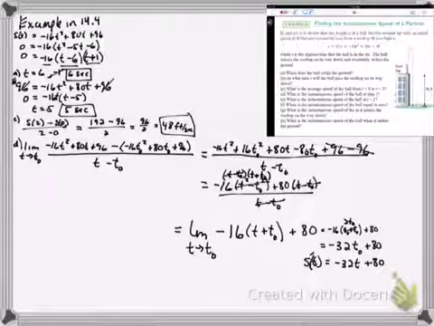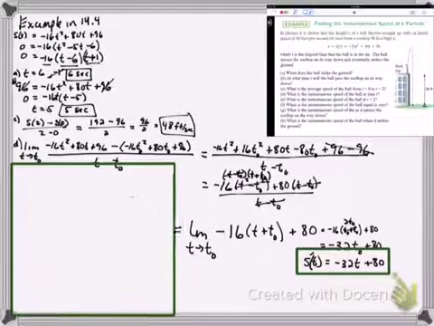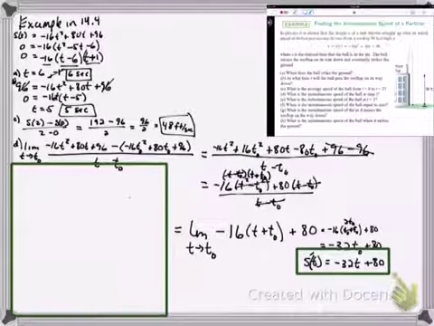And now the rest of the questions pretty much all rely on this equation. So I'm going to head up here and just work in this space, I think, for the remainder.